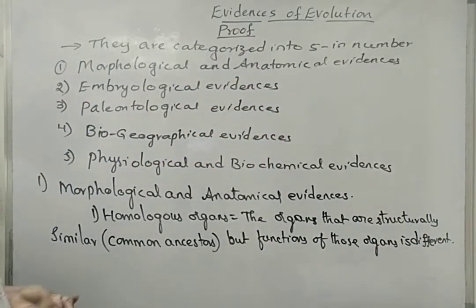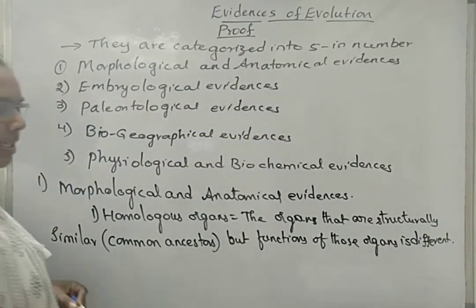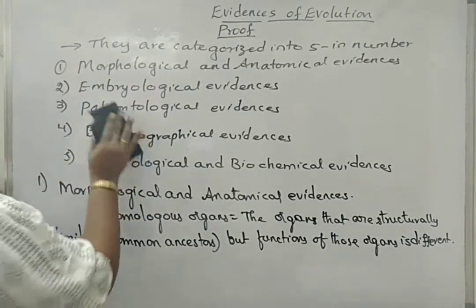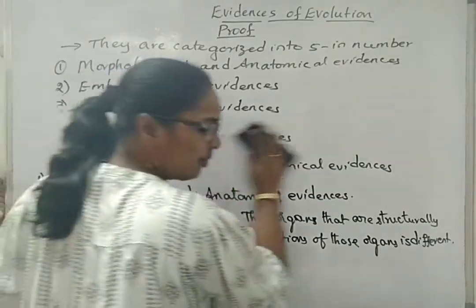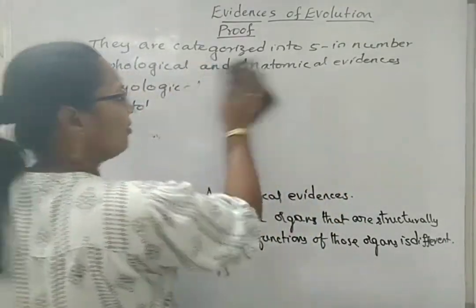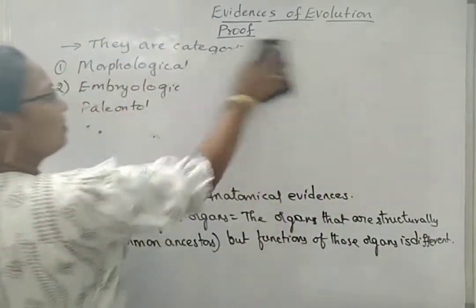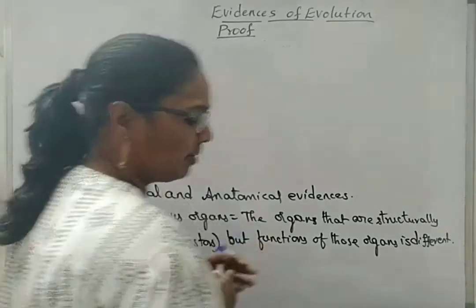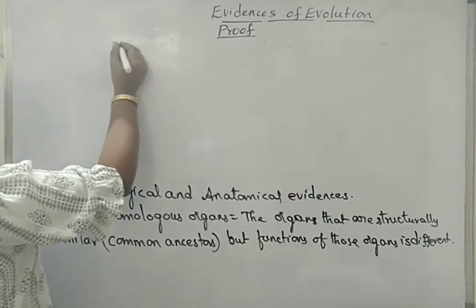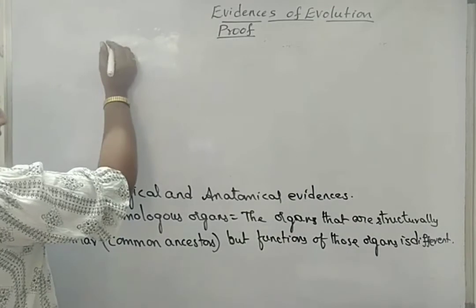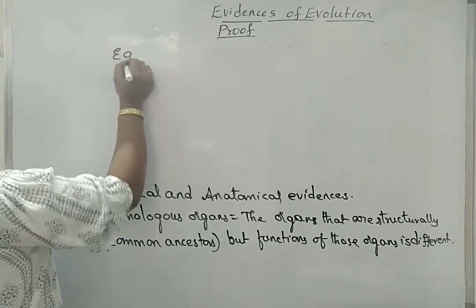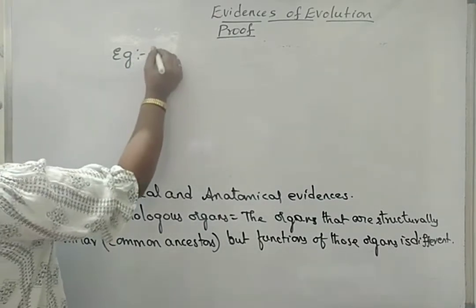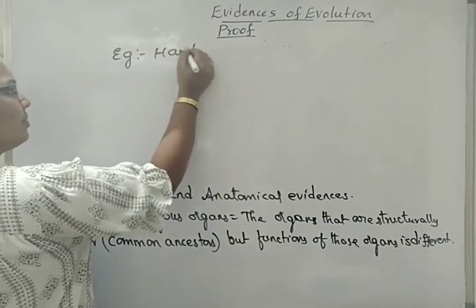There are many examples under this morphological evidence, like hands of man and forelimbs of horse, hands of man and flippers of whales, hearts and brains of all vertebrates. Examples are very important here.